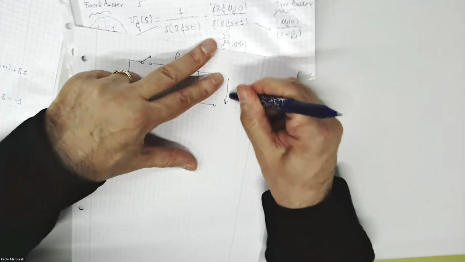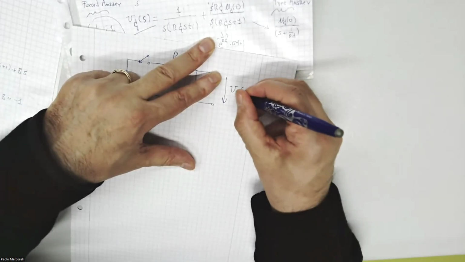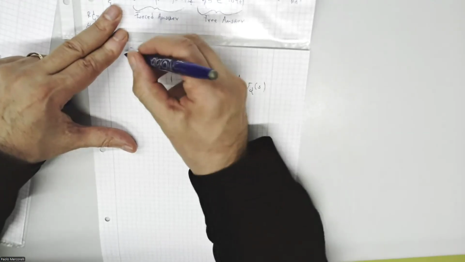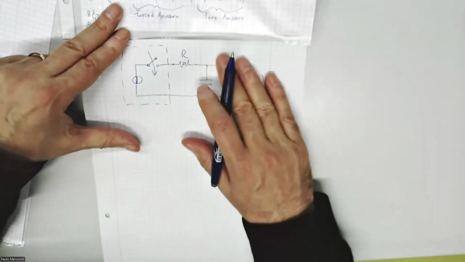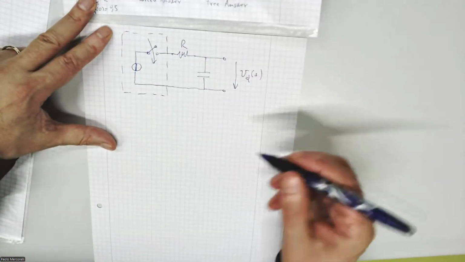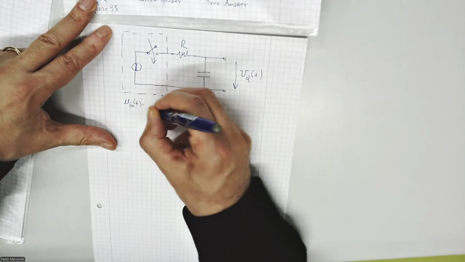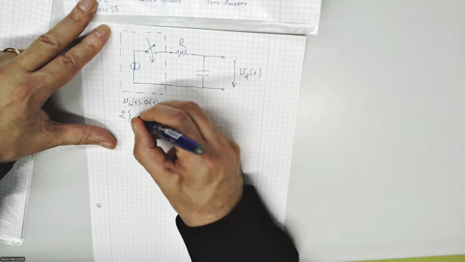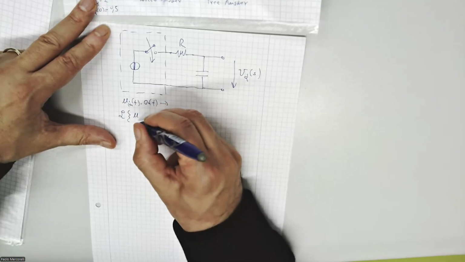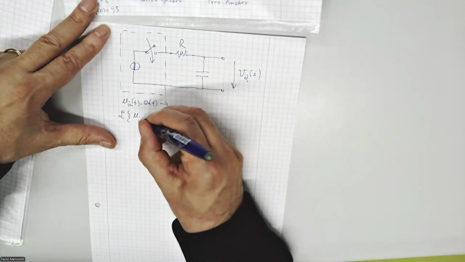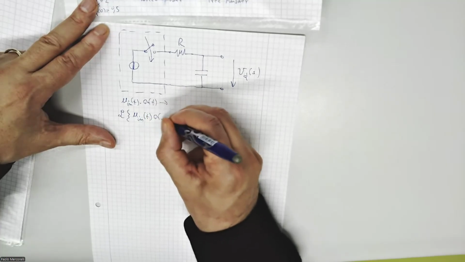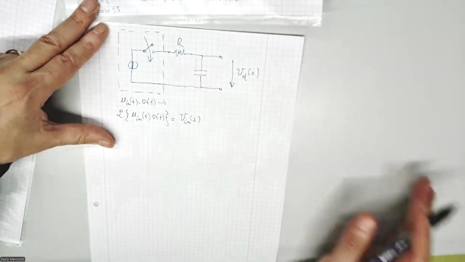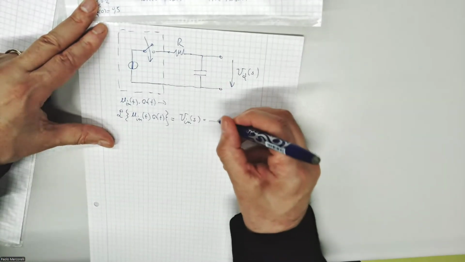Let me write it capitalized because it is in S. Again, this is the input u(t) multiplied by sigma(t), which implies the Laplace transform is here, which equals 1 divided by s.